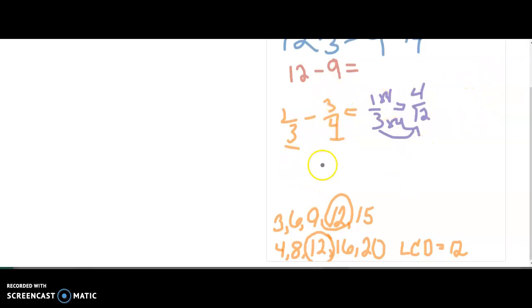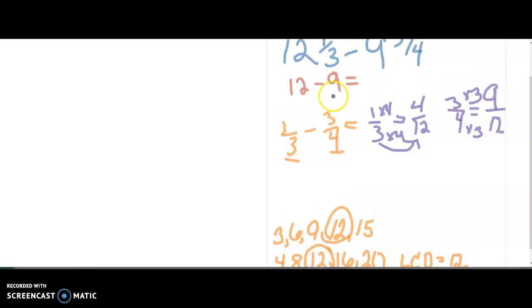I want to make that into an equivalent fraction that has a denominator of 12. To get from 4 to 12, I'm going to multiply 4 times 3. Whatever I do on the bottom, I have to do on the top. So 3 times 3 is 9, and now I've got the equivalent fraction of 9/12.